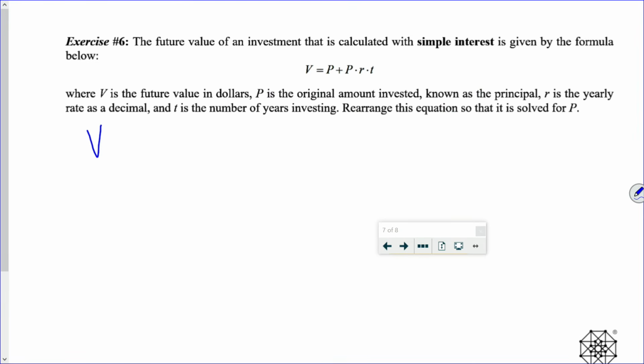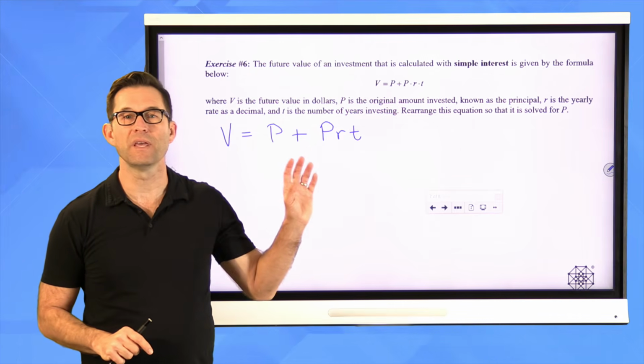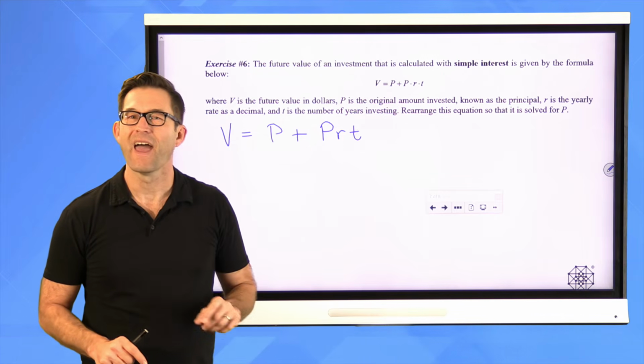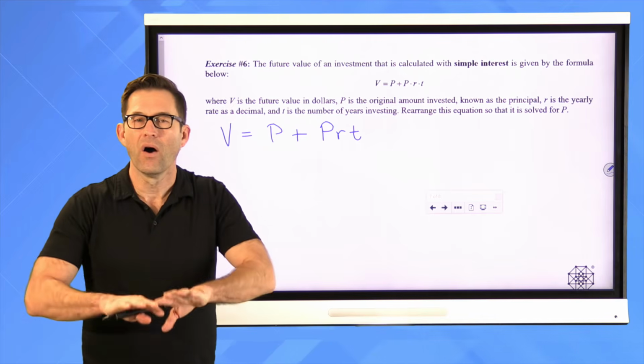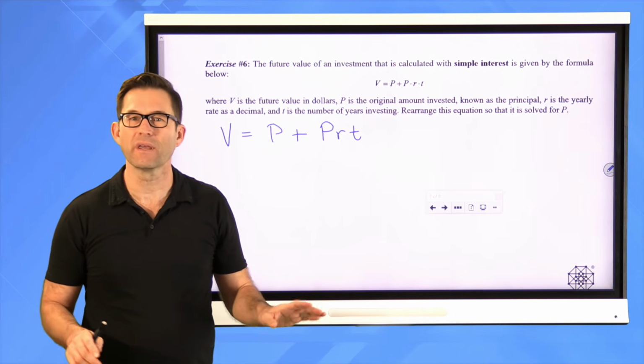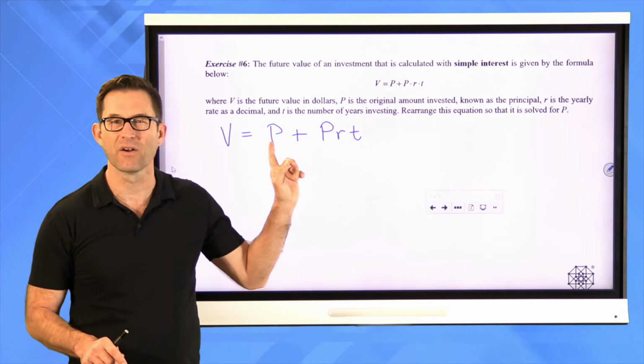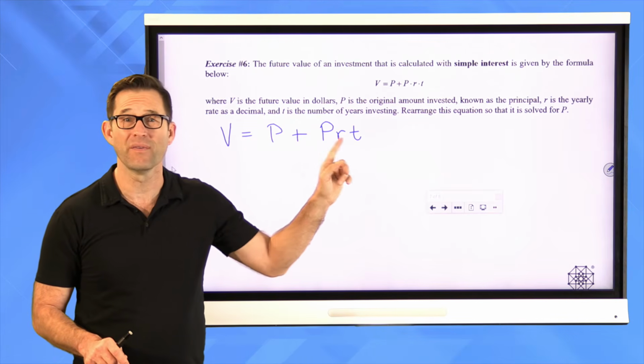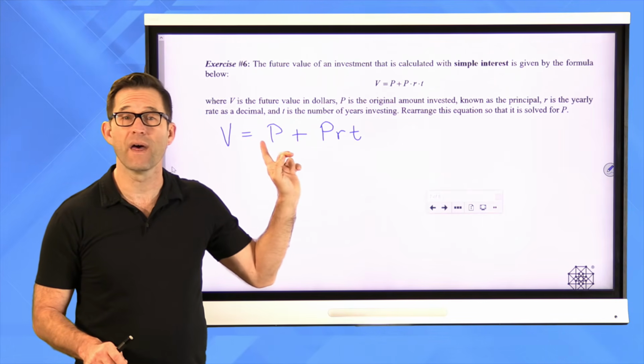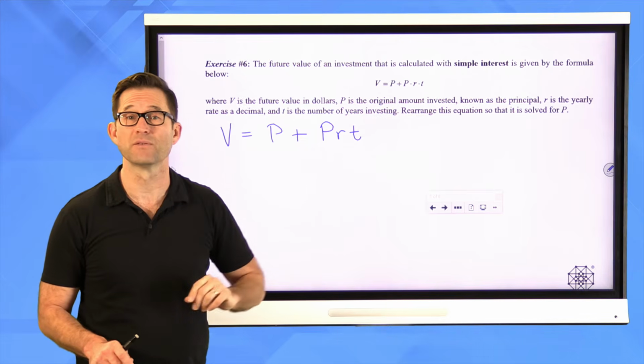All right, I have V equals P plus P times R times T. And I've got to get my P all by itself. That's tricky because it's here and it's also here, and I can't combine those, because this multiplication comes first.